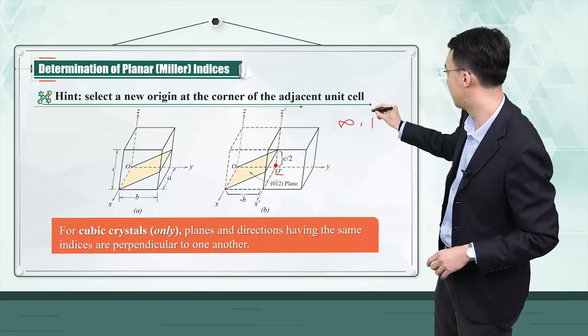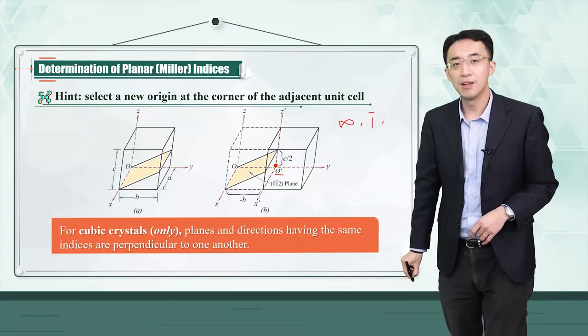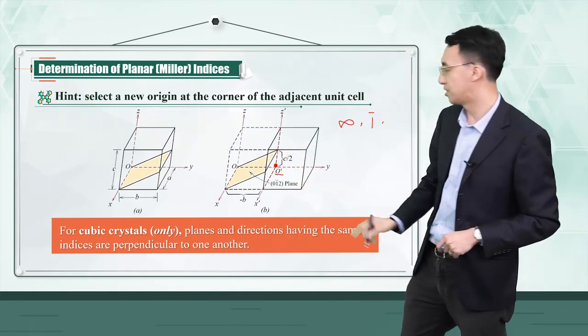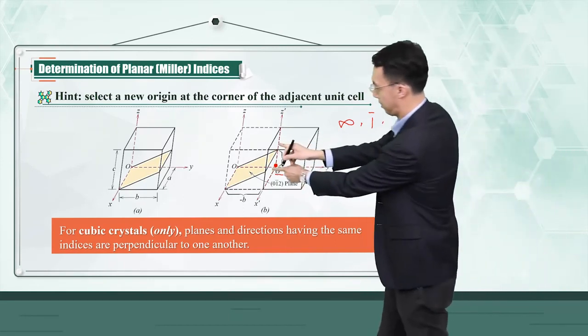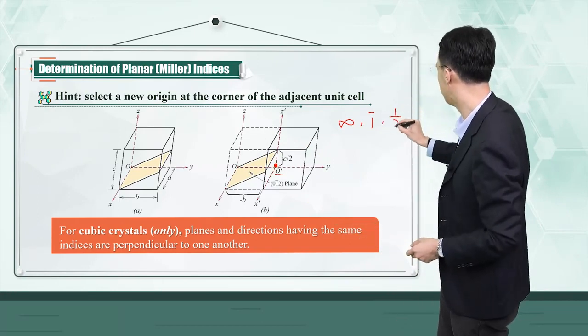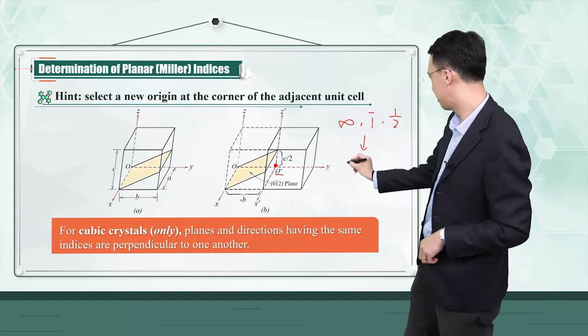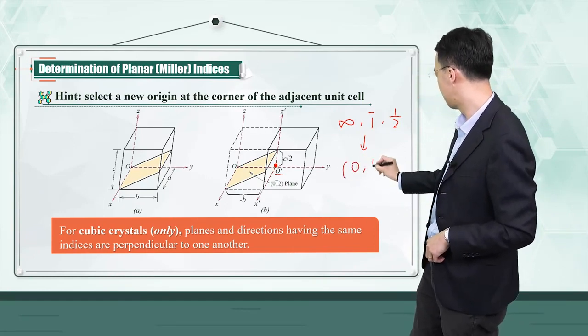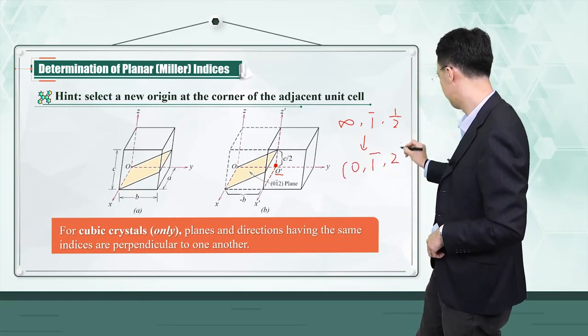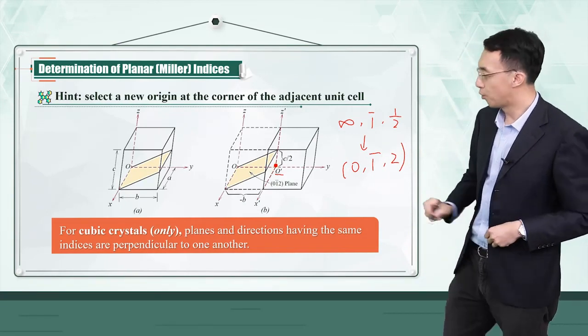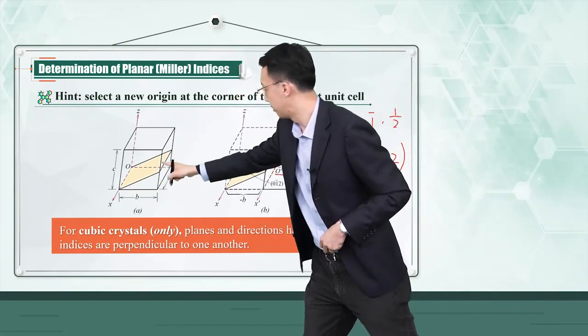It is -1. And then the intercept of this plane with the z-axis is 1/2, right? It's this one, 1/2. And then you take reciprocals, you can find the indices of this. Okay, so that's the indices of your plane.